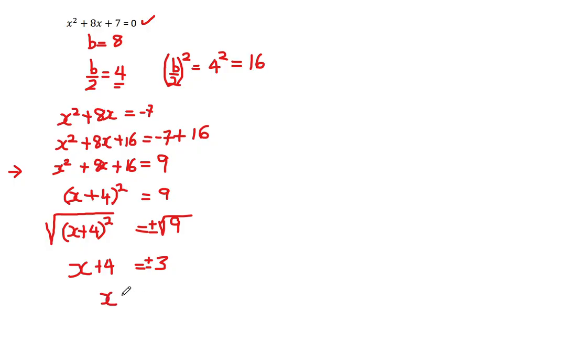So for my final answer, I will need to derive 2 results for x, which is typically the case for quadratic equations. We'll have 2 solutions, provided that the solutions are real. So x would be equal to positive 3 minus 4, because I will minus 4 from both sides of the equation to get x on its own.